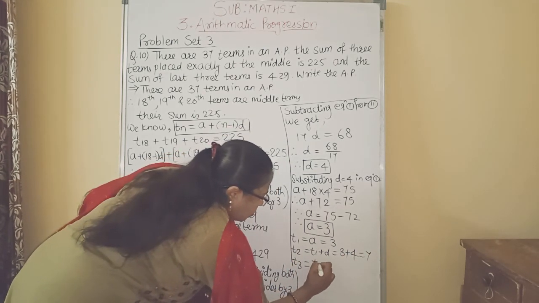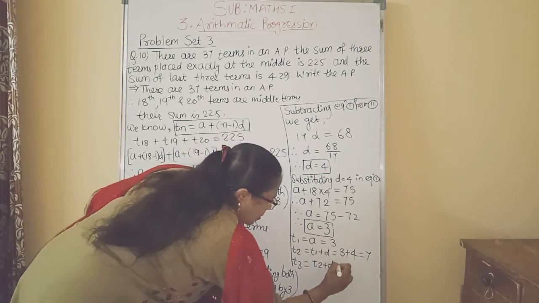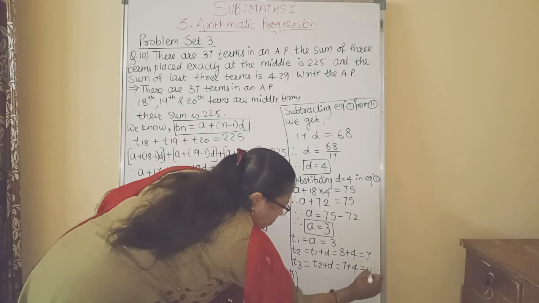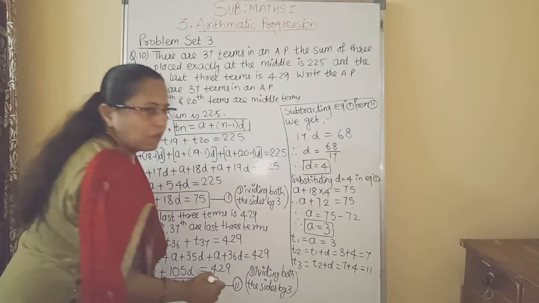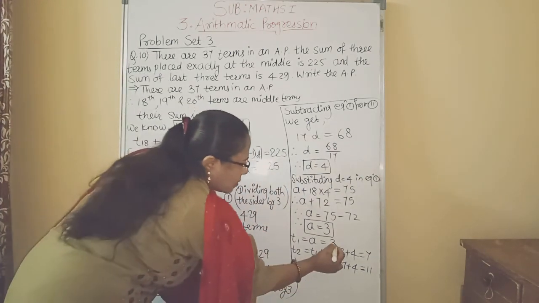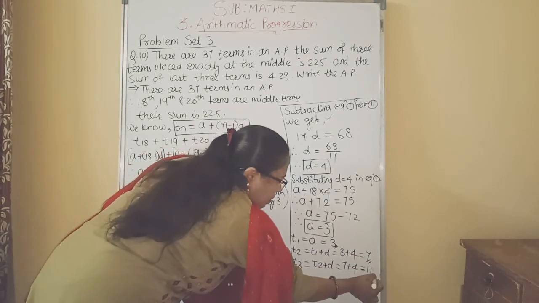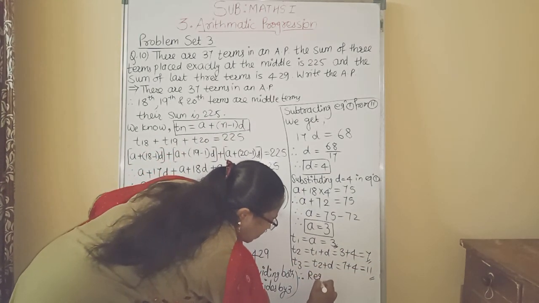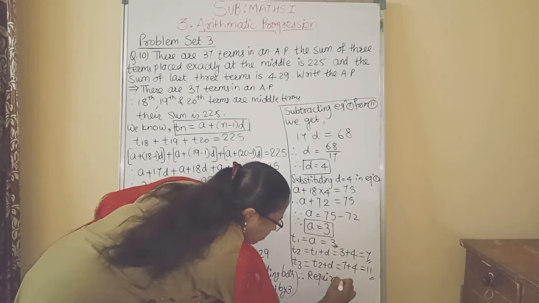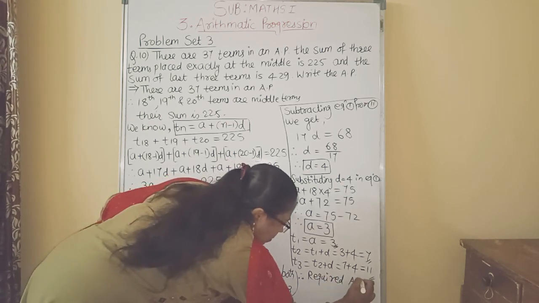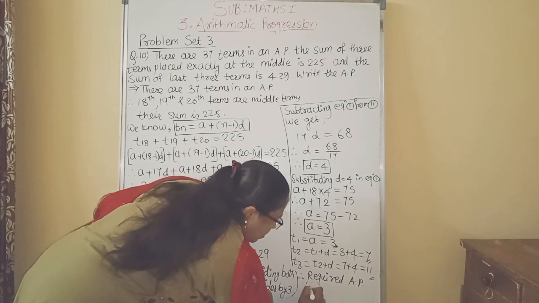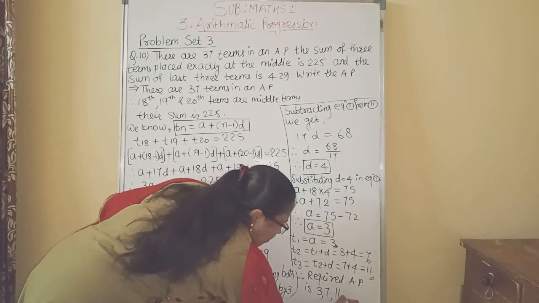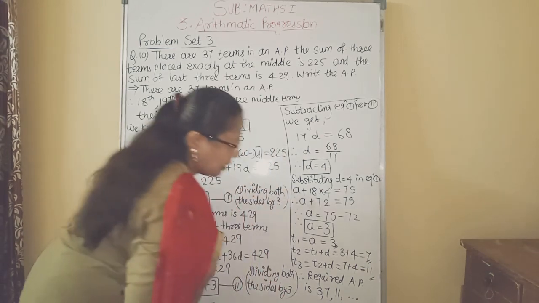T3 equal to T2 plus D. T2 is 7, D is 4. 7 plus 4, 11. Okay. So we got first term 3, second term 7, third term 11. Therefore, required AP is 3, 7, 11, up to infinity.